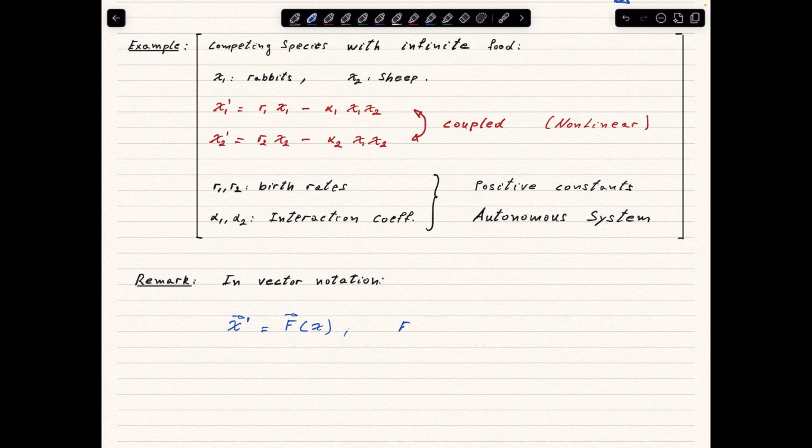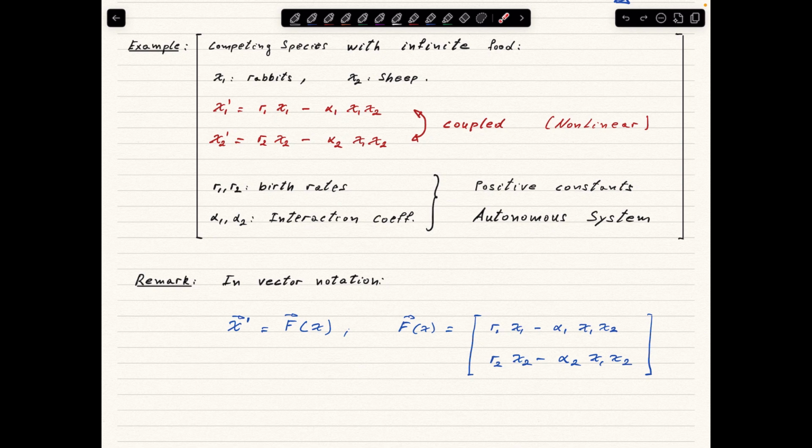And the vector field here is something like this, the right-hand side of the components, which is, in this case, r1 x1 minus alpha 1 times the product of the two populations, and then r2 x2 minus another coefficient times the product of the two populations. So this is what the vector field looks like for the competing species system with infinite food resources.